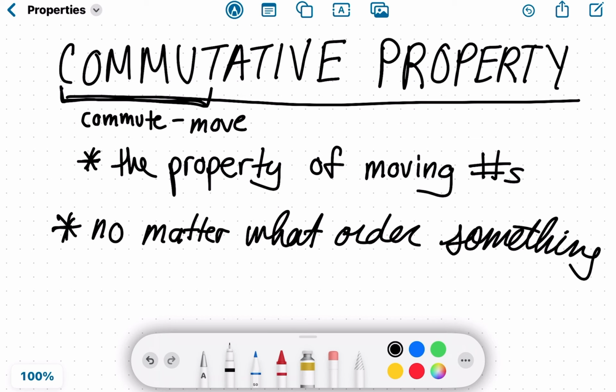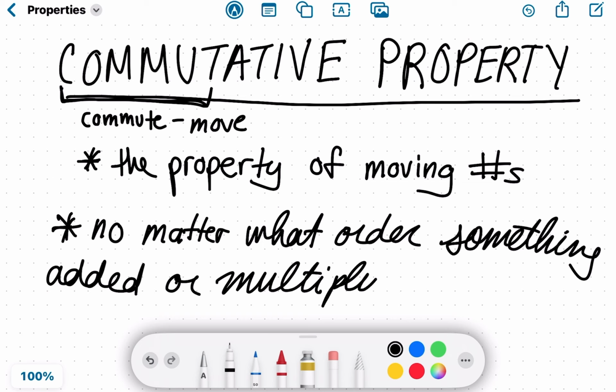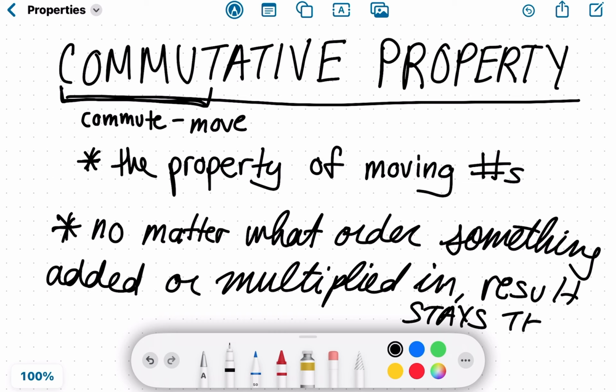No matter what order something is added or multiplied in, the result stays the same.